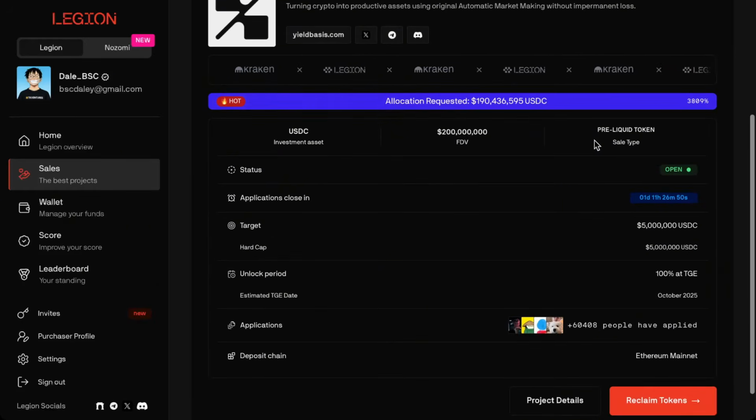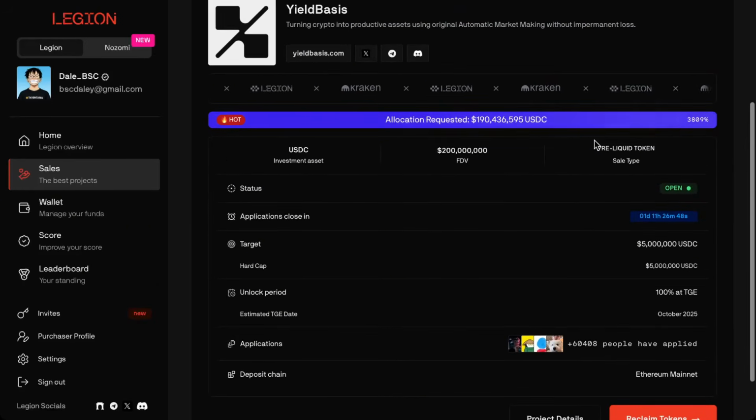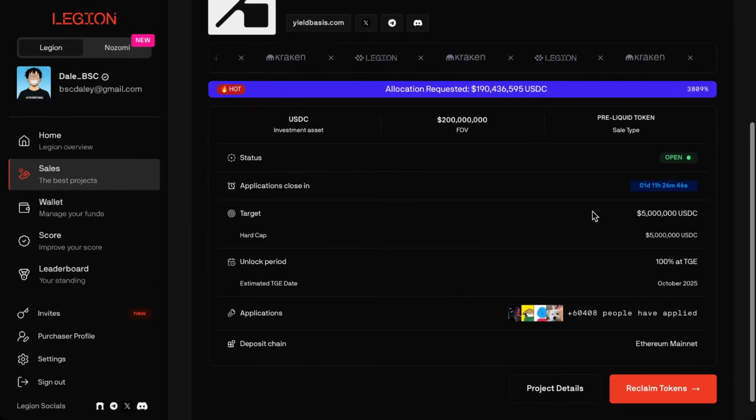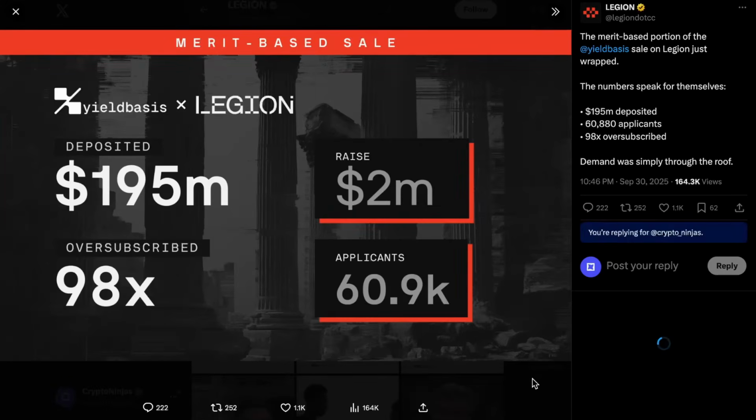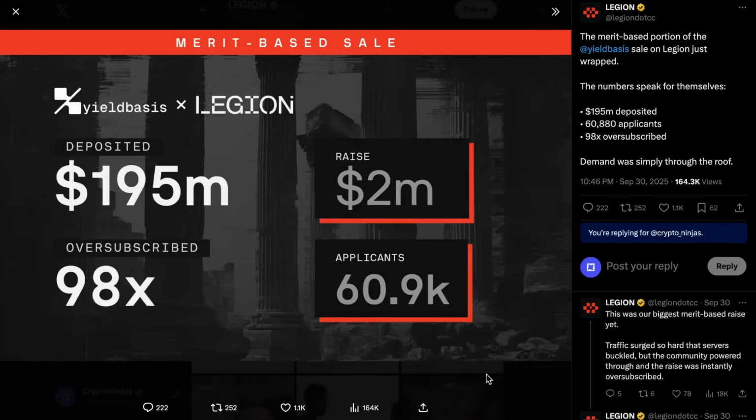Phase 1 is called the pre-sale, a merit-based round for users with high Legion scores based on on-chain activity, social engagement, or GitHub contributions. This phase only accepts $2 million in commitments. Over 60,000 addresses applied, committing $195 million, a staggering 98 times oversubscription.